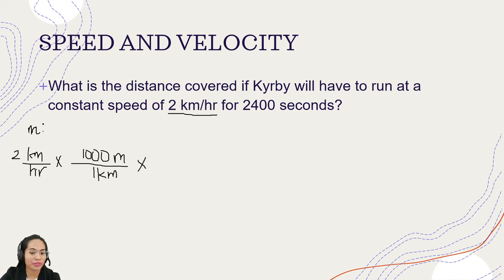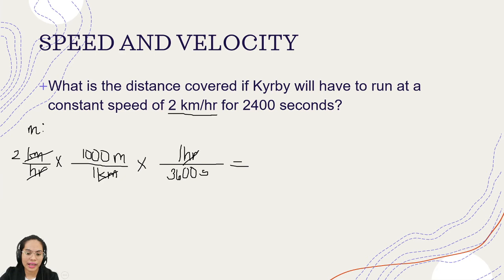Now pwede nating i-convert na yung hours. So in every 1 hour naman, how many seconds are there? We have 3,600 seconds. Very good. So we can just cancel the units. Hours, hours. Tignan nyo ang natirang unit.